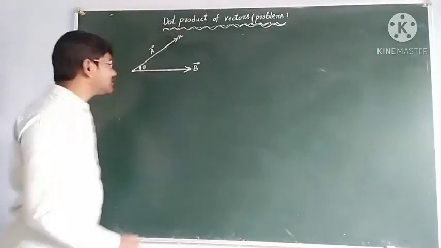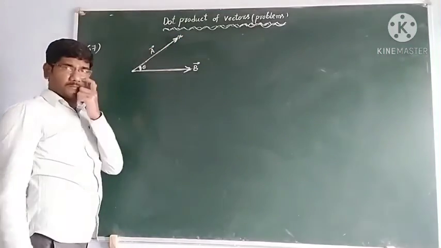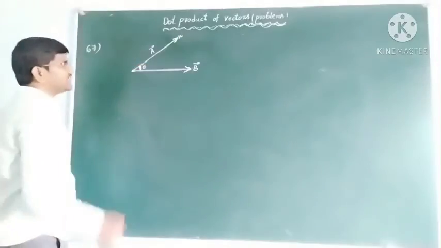Okay students, see problem number 67. A and B are two vectors and the angle between them is theta.